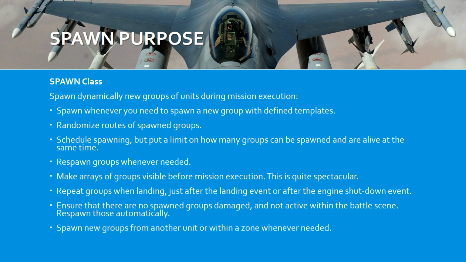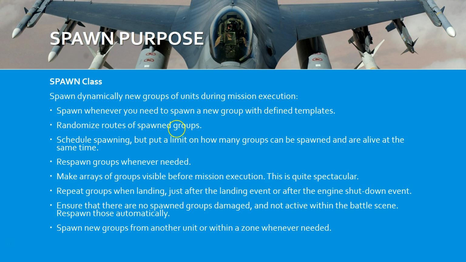And another feature is the spawn class will monitor when spawn groups are being damaged, so that those groups are cleaned up properly, and so to fully utilize the limit that's defined here to ensure that the maximum amount of possible groups are alive within the mission, and there are no damaged groups sitting there doing nothing.